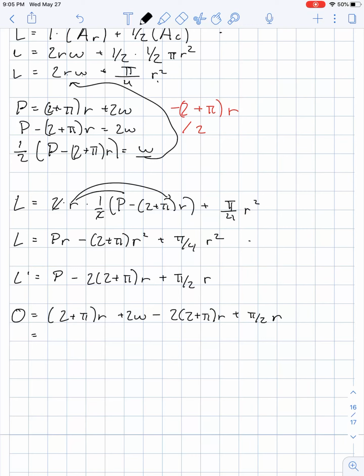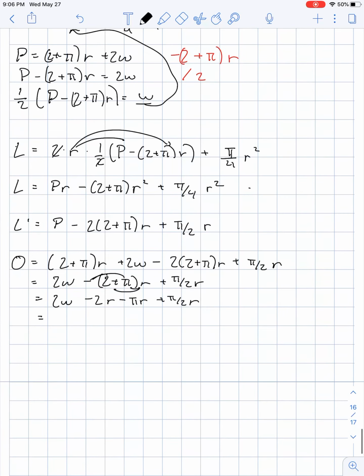So (2 plus pi) R minus 2 times (2 plus pi) R is going to leave us with 2W staying there, minus (2 plus pi) R, plus 1/2 R. I'm going to distribute this negative and the R, so I have minus 2R minus pi R. All right, so I just pulled out R again, and I pulled out the negative.